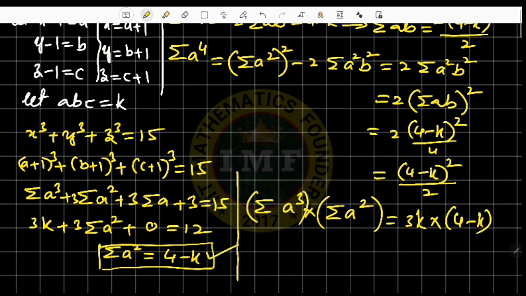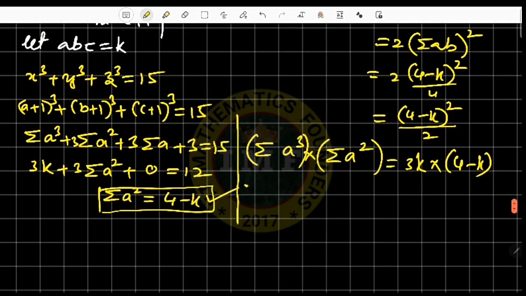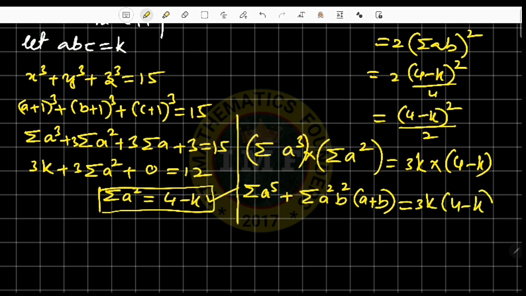Here you can observe on the left side, if you multiply this, you will get sigma a power 5 plus sigma a square b square into a plus b equals 12k square. Let us write as it is without any change, 3k into 4 minus k. Now sigma a power 5 minus abc into sigma ab equals 3k into 4 minus k you will get.